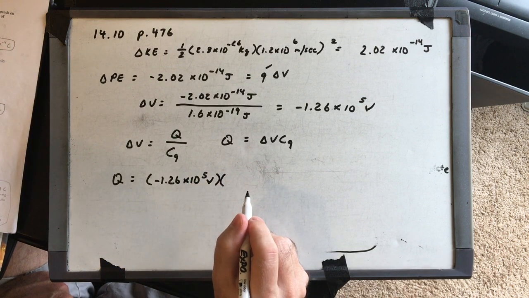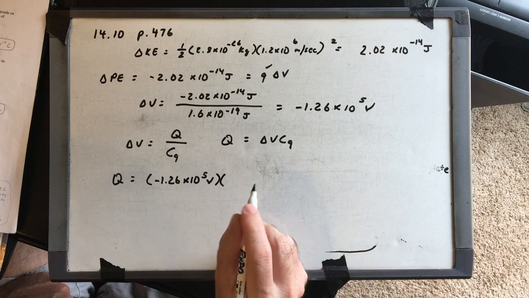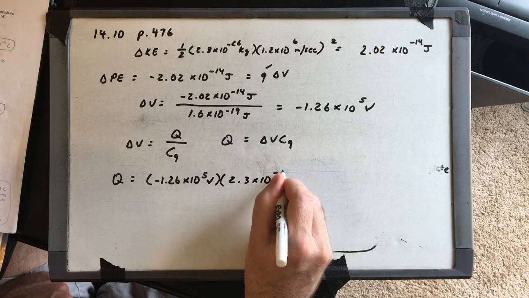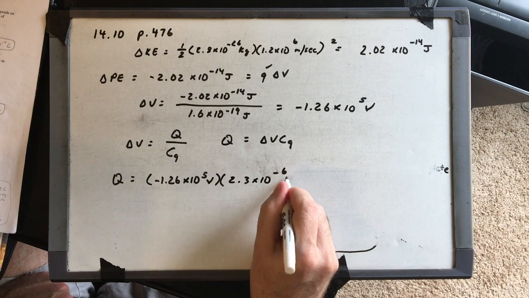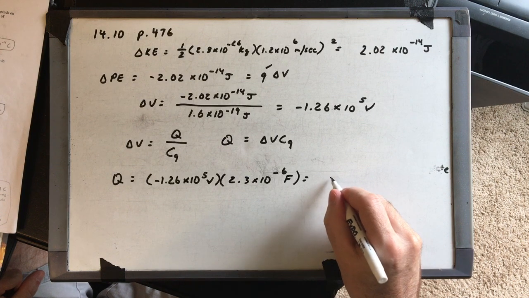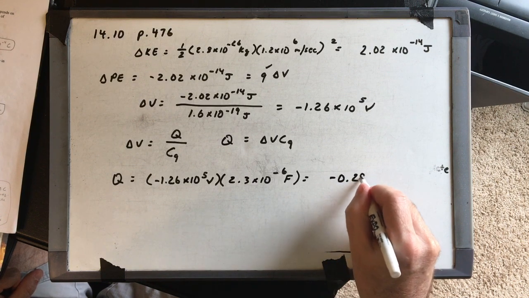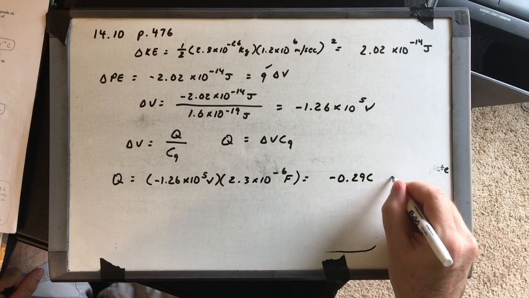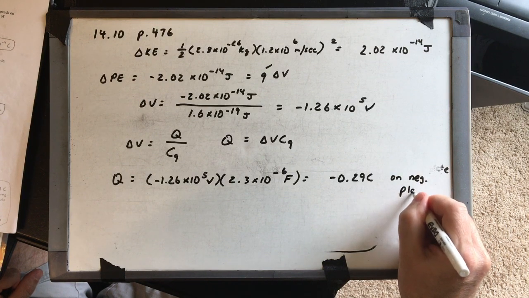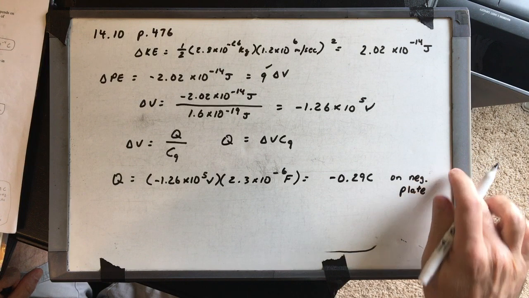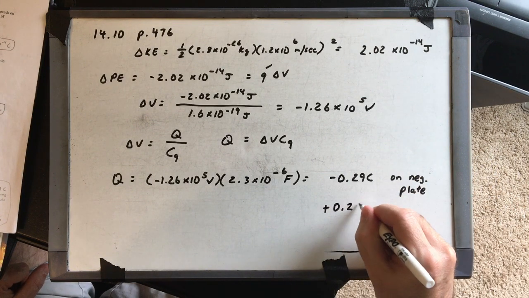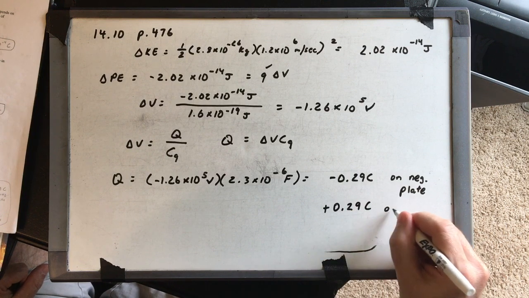The capacitance in this problem is 2.3 times 10 to the minus 6 farads. All right, so that will give us negative 0.29 coulombs, and that's on the negative plate. And so on the positive plate, we'd have plus 0.29 coulombs.